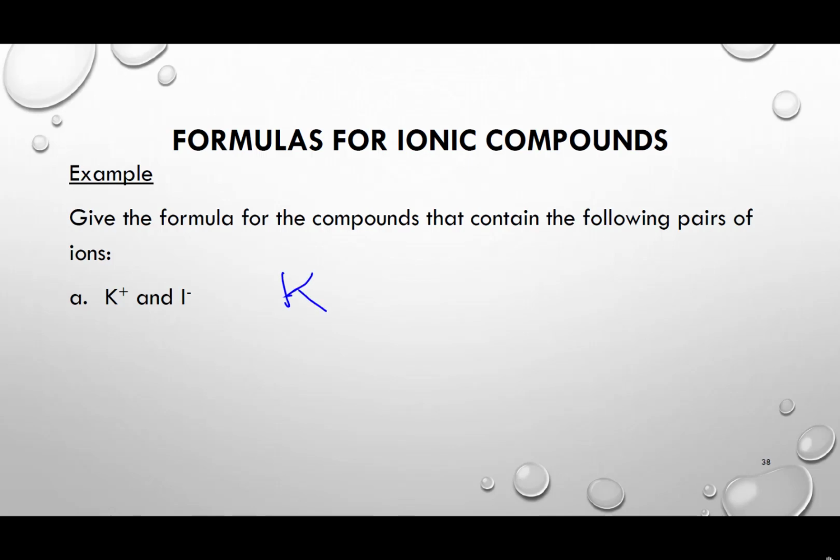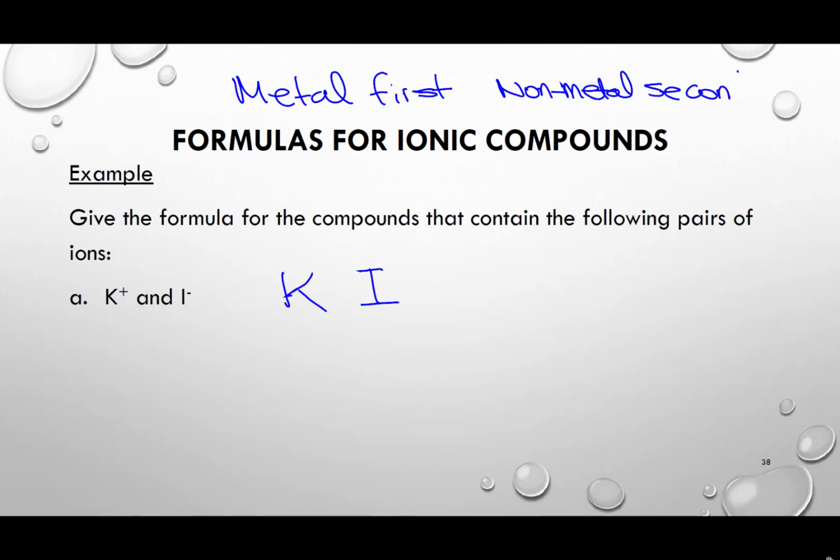Then what happens is that potassium and iodine, we put next to each other, and the way that we always put it, the metal always goes first, non-metal always goes second. That's how you have to write it. That always has to be the case when we are writing ionic compounds.